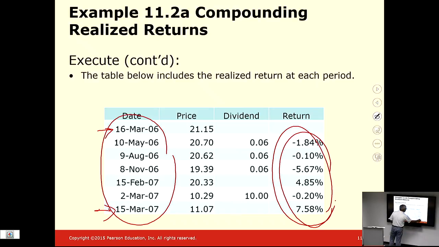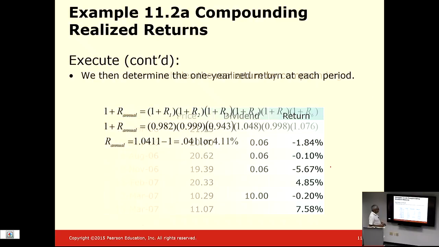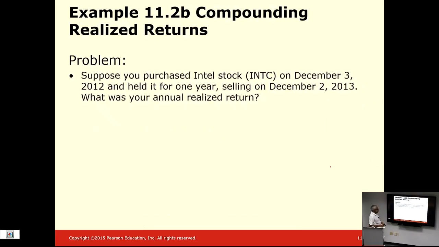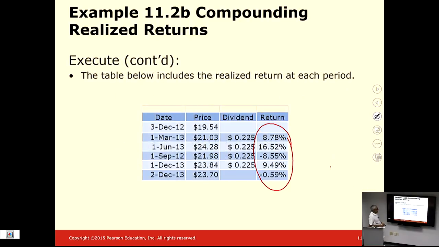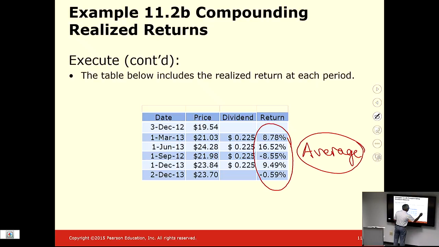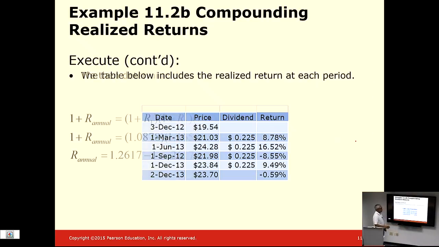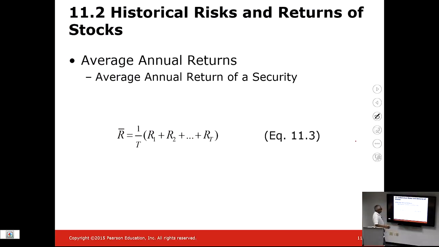How do I compare them? They cannot be directly compared. Although they are both quarterly returns, they cannot be directly compared. The only way I can compare them meaningfully is if I take a look at these quarterly returns and then come up with some sort of an averaging, some sort of an average or some sort of a mean. And that's what we do next.